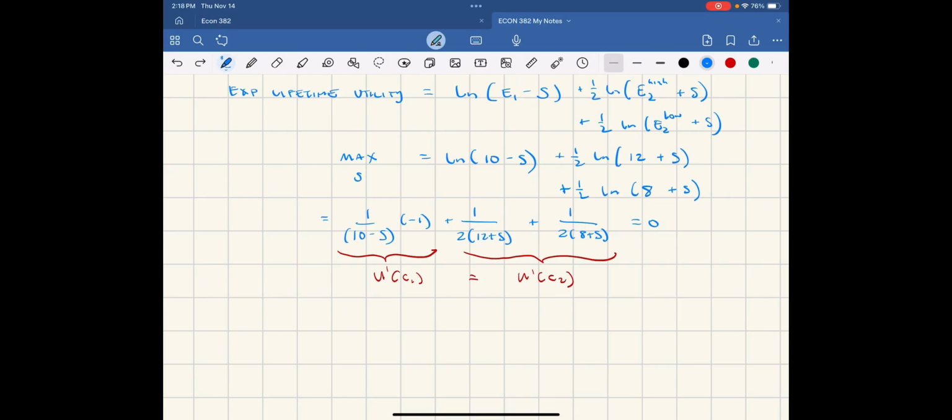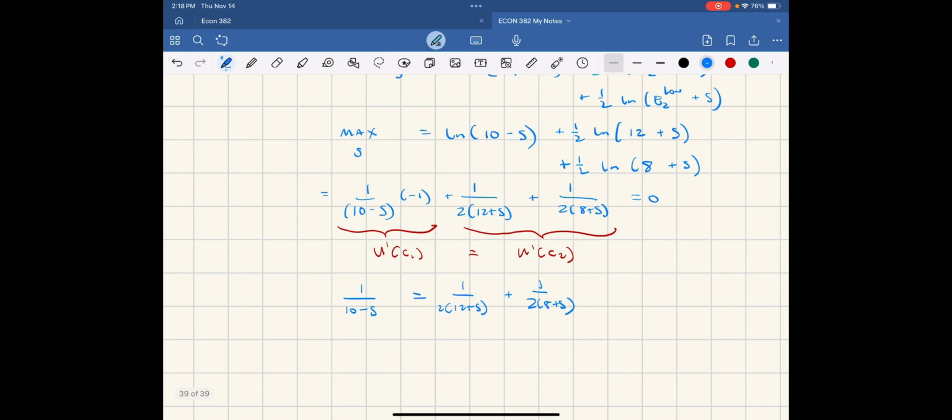So we're going to set up our Euler equation just like we had: 1 over 10 minus S is equal to 1 over 2 times 12 plus S, plus 1 over 2 times 8 plus S. Now we're going to get common denominators. So over here on this side, we're going to get 16 plus 2S plus 24 plus 2S, and that's all going to be over 16 plus 2S times 24 plus 2S.